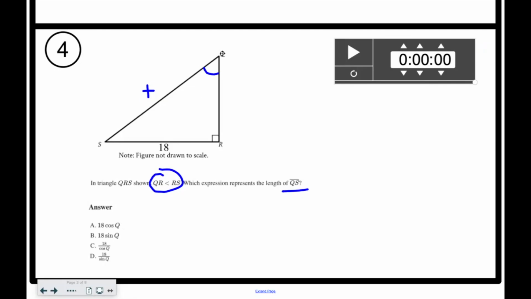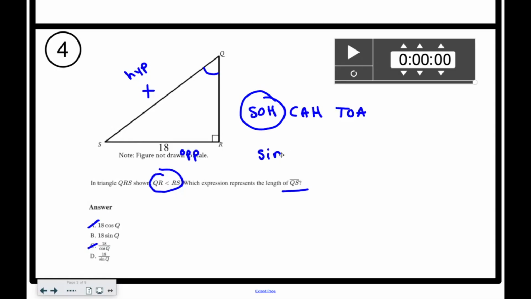So when I look from angle Q's perspective, the 18 is the opposite side and the X is the hypotenuse. If we think of SOHCAHTOA, this is the opposite and the hypotenuse, so I'm using sine. So I can get rid of A and C. The way I do it is the sine of Q is equal to the opposite over the hypotenuse.